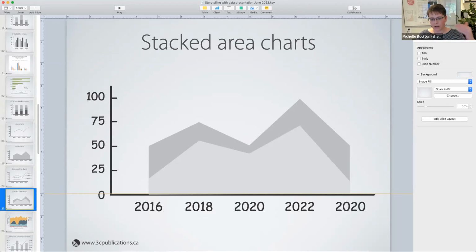Or you can stack the charts one on top of the other, like our stacked bars, which then adds to the value each time. Those are a little harder to ferret out, but it's about showing your total values. But I would always defer in this position to a bar chart, because they're just so much easier to understand and interpret than this area chart.